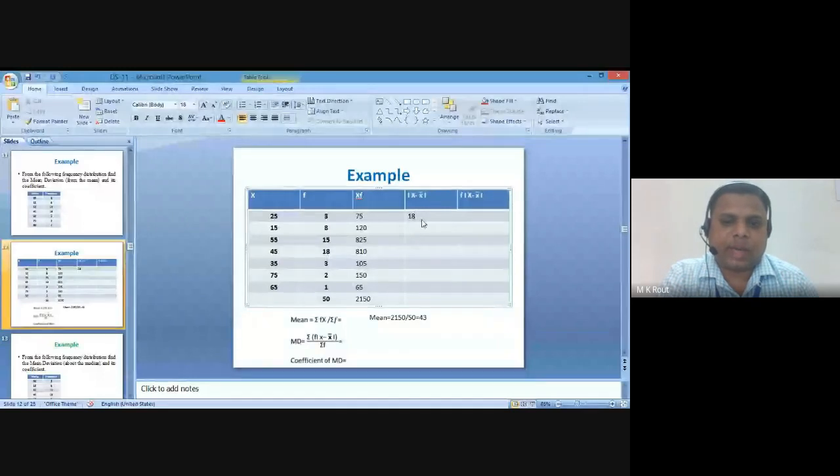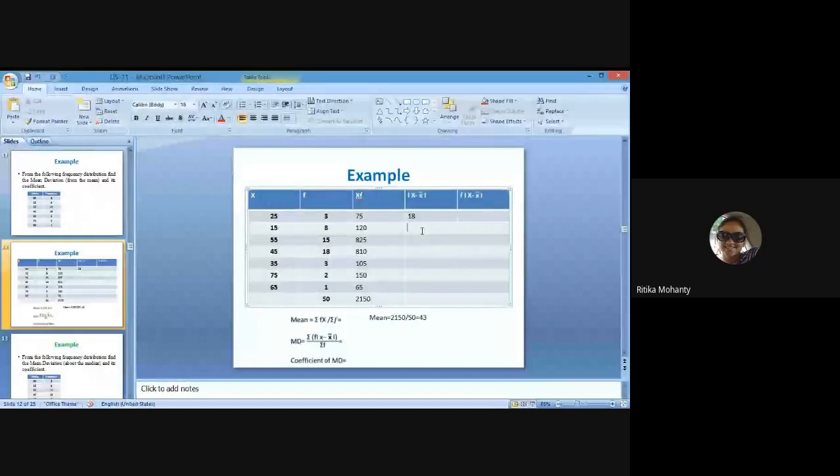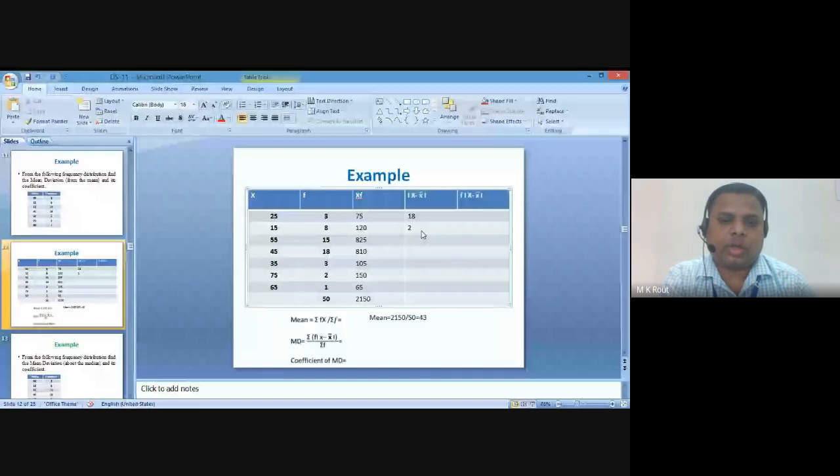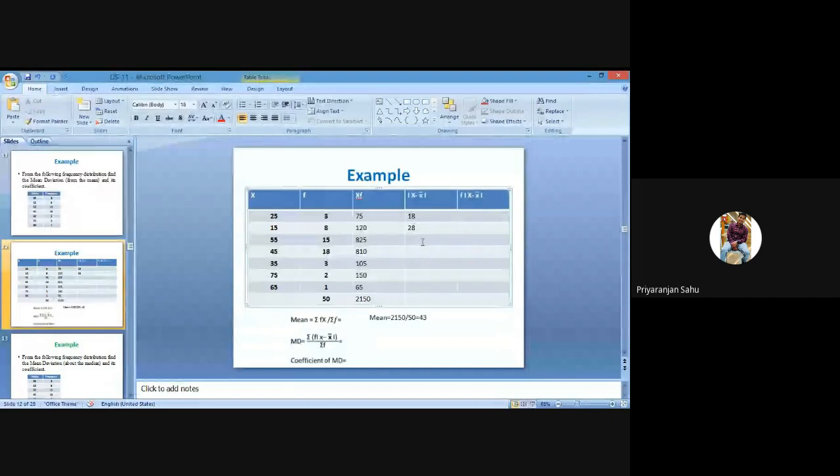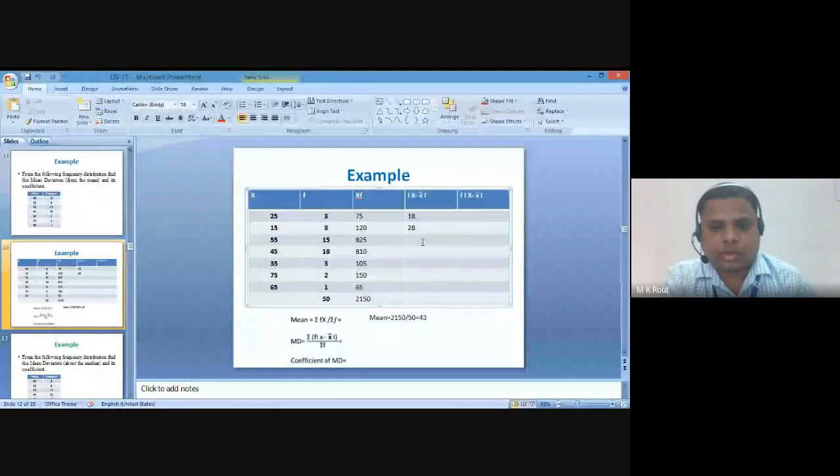That is 15 minus 43. How much? 28. Moving to the next one, 55 minus 43. How much? 12. Moving to the next one, 45 minus 43. That equals 2.